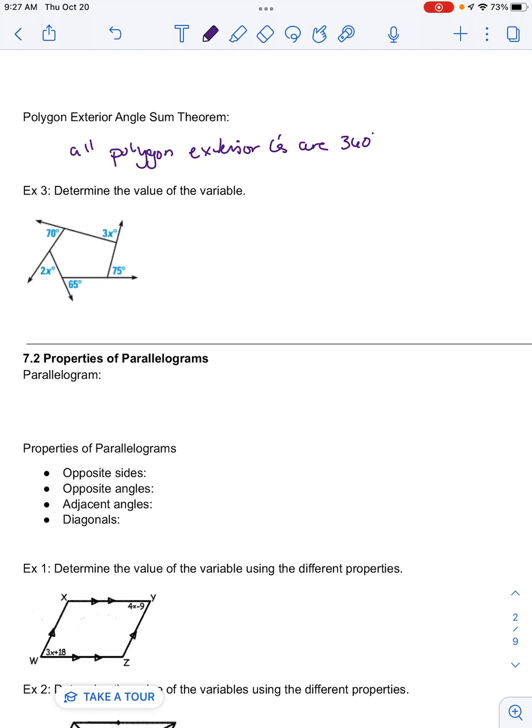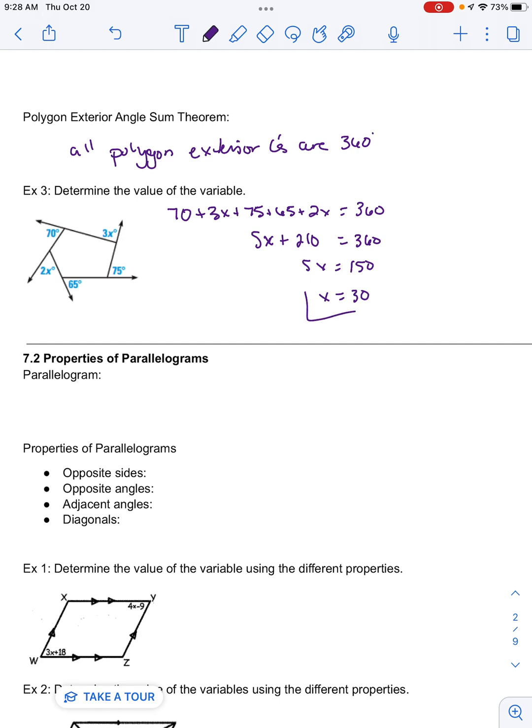So on example 3, I have 70 plus 3x plus 75 plus 65 plus 2x equals 360. So I have 5x plus 210 equals 360. 5x equals 150.